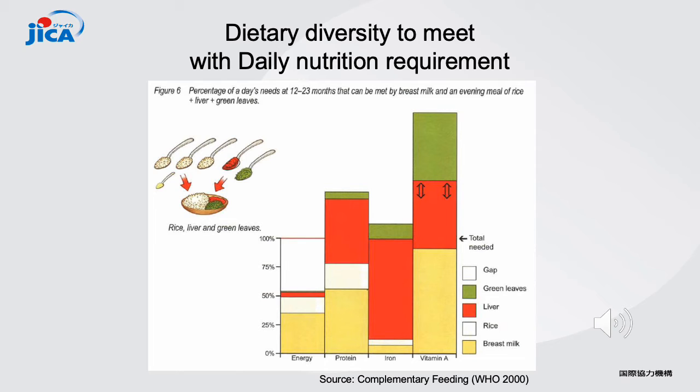Instead of beans, she added liver to supply protein, iron, and vitamin A. And also green leaves are added for vitamin A and iron. And the result shows protein, iron, vitamin A is already satisfied over 100%.